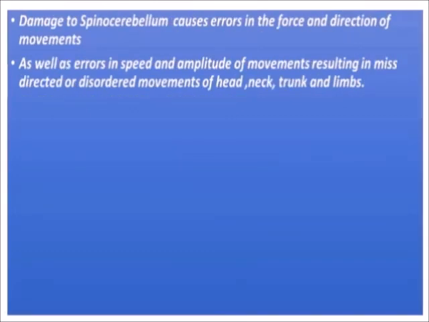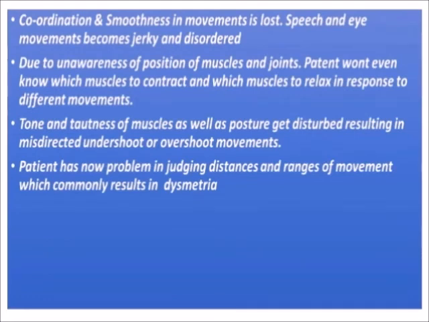Damage to spinocerebellum causes errors in force and direction of movements, as well as errors in speed and amplitude of movements, resulting in misdirected or disordered movements of head, neck, trunk and limbs. Coordination and smoothness in movements is lost. Speech and eye movements become jerky and disordered.